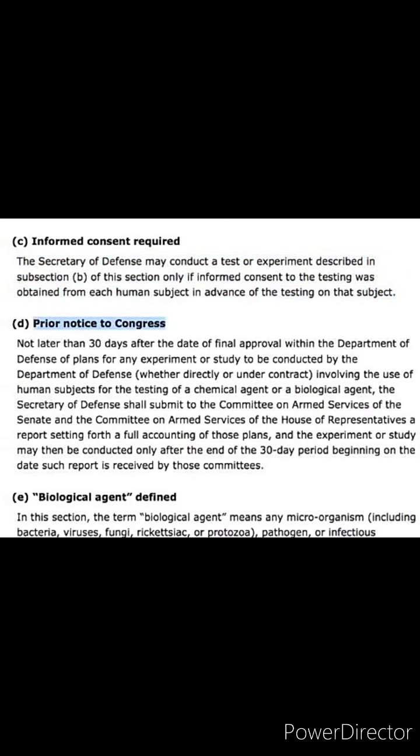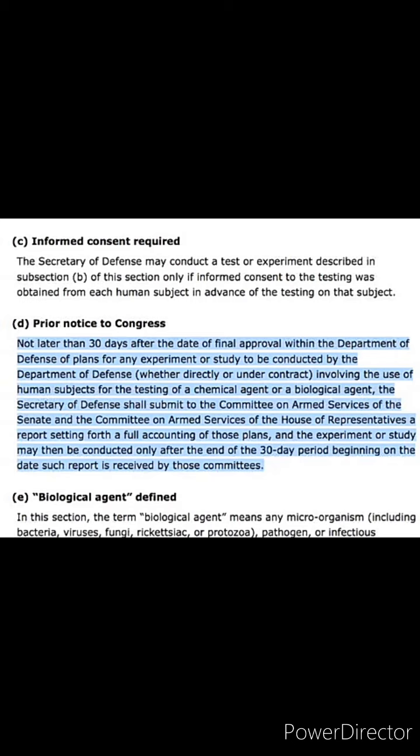Under Part D, prior notice to Congress, not later than 30 days after the date of final approval within the Department of Defense of plans for any experiment to study or be conducted by the Department of Defense, whether directly or under contract, involving the use of human subjects for the testing of a chemical agent or biological agent, the Secretary of Defense shall submit to the Committee on Armed Services of the Senate and the Committee on Armed Services of the House of Representatives a report setting forth a full accounting of those plans, and the experiment or study may then be conducted only after the end of the 30-day period, beginning on the date such report is received by those committees.